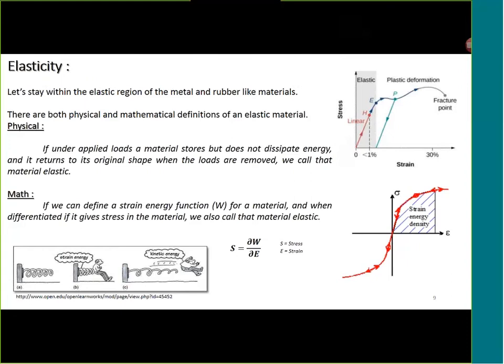So in physics, or in the physical meaning, elasticity is defined as: when we apply a load on an elastic material, upon unloading, the material comes back to its original state. That's the physical definition of elasticity, or a material which is elastic in nature.